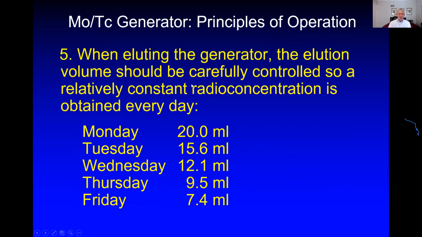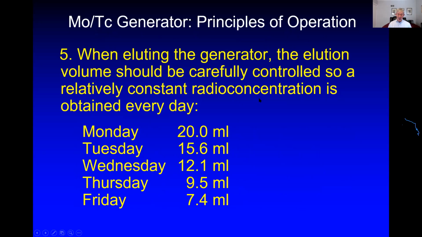And one thing to note, if you've ever dealt with a generator, is that molybdenum is decaying every single day. And so as the week rolls on, Monday to Tuesday to Wednesday to Thursday to Friday, we have to adjust the volume every day so that we get the same radio concentration every day.